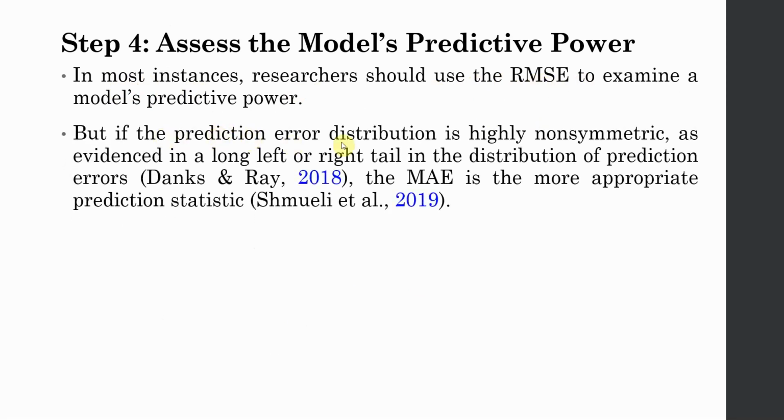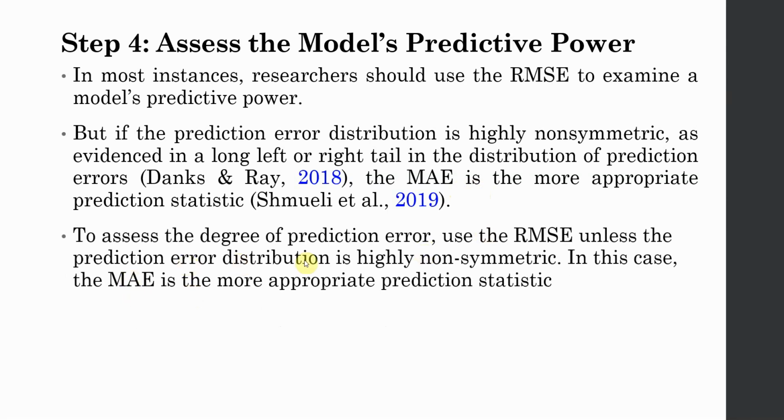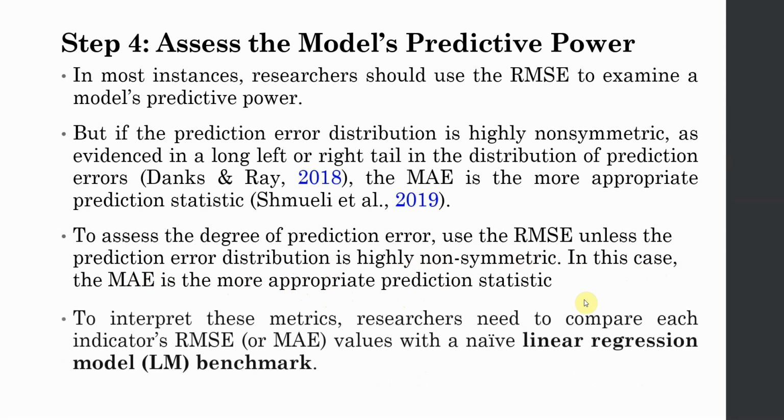However, if your prediction error distribution is highly non-symmetric, that is, there is a long left or right tail in the distribution of prediction error for the endogenous variables, then you use MAE. SmartPLS will provide you the graphs for it. So use the RMSE unless the prediction error distribution is highly non-symmetric. In this case, the MAE is the more appropriate prediction statistic.